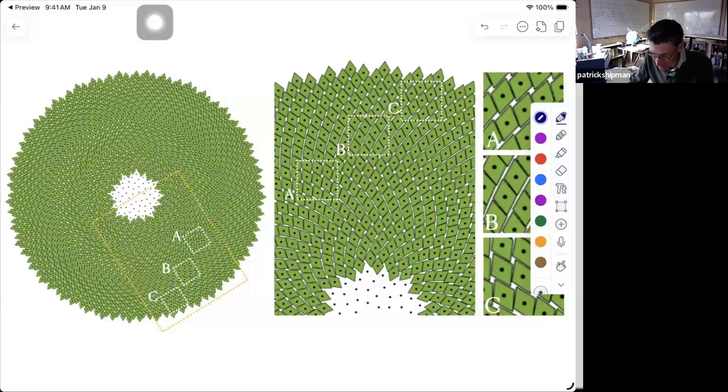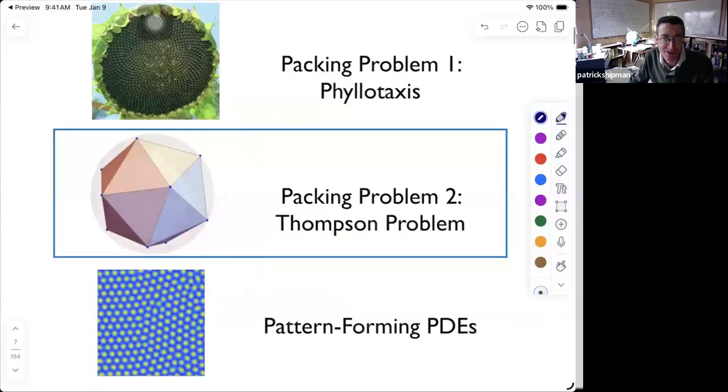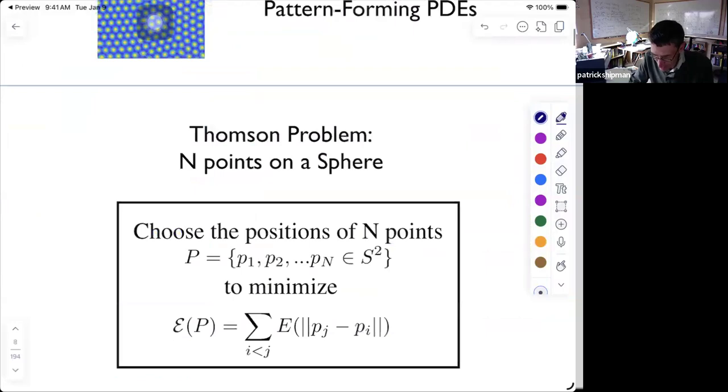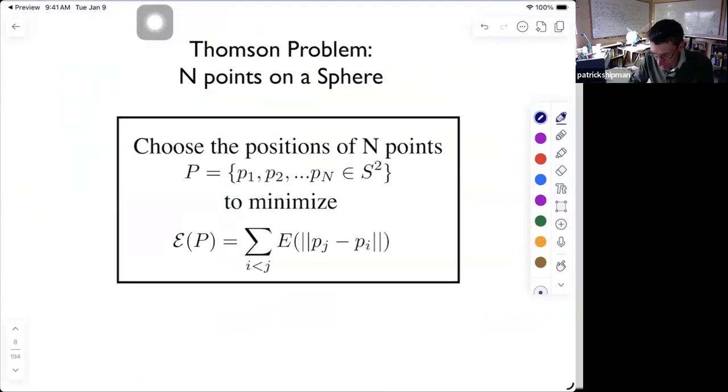That's the first motivation. The second motivation is another classic packing problem called the Thomson problem. And here it is. We have a sphere and n points. We get to place n points on the sphere to minimize a certain energy. So you might think minimize the overall distance between the points.